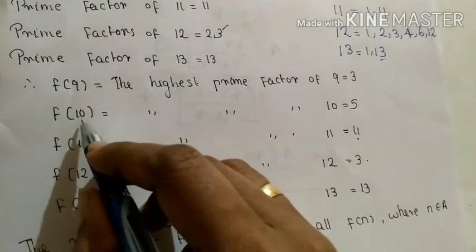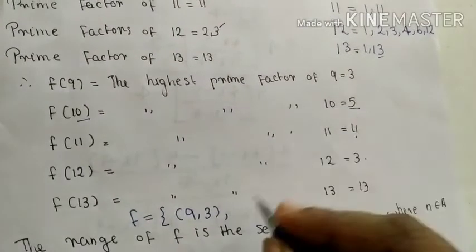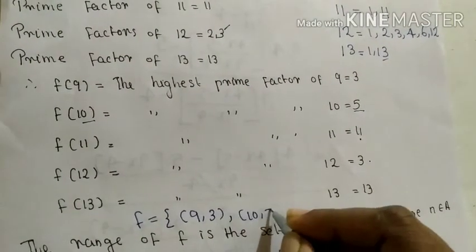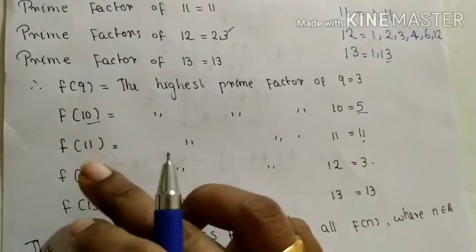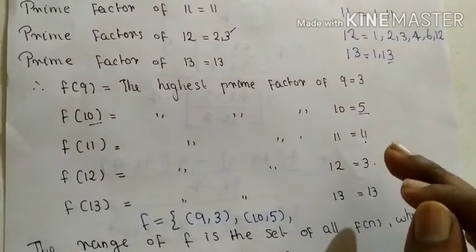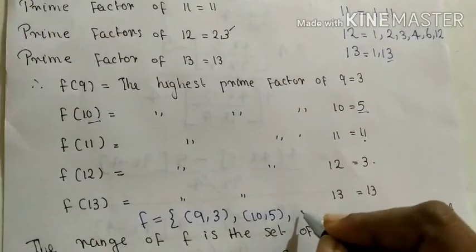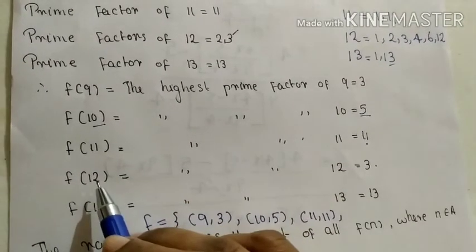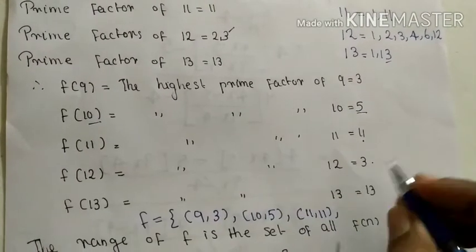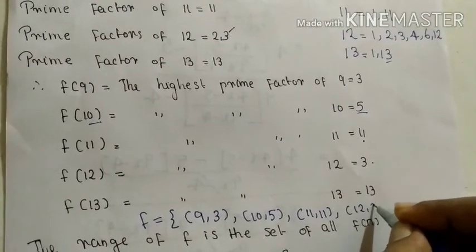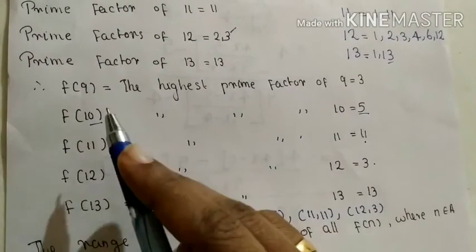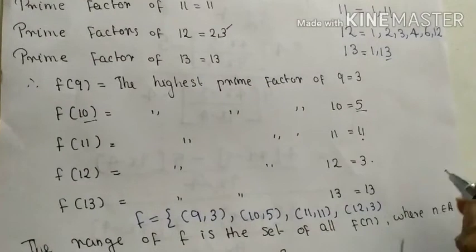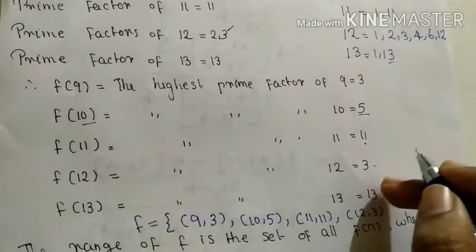The second ordered pair is (10, 5). The third ordered pair is (11, 11), the fourth ordered pair is (12, 3), and the fifth ordered pair is (13, 13).